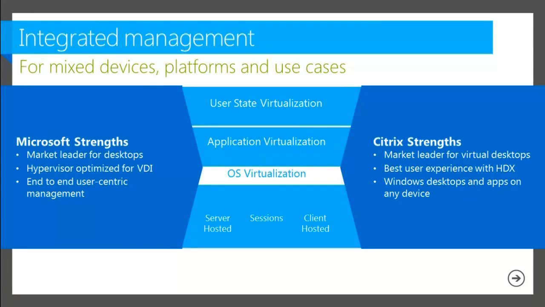Citrix has been doing virtualized application delivery and virtualized desktop delivery for almost our entire existence. And we're working together to make OS virtualization, application virtualization, and user state virtualization easier to adopt, easier to deploy, and easier to manage.